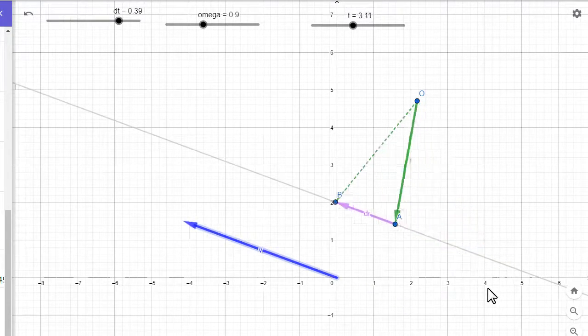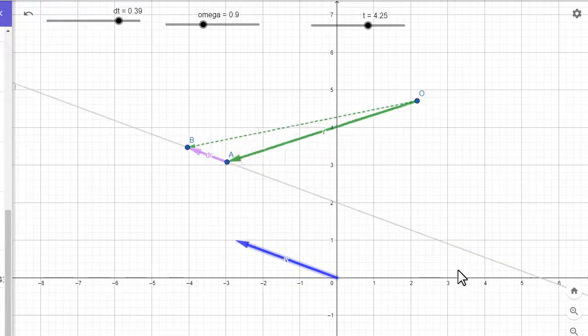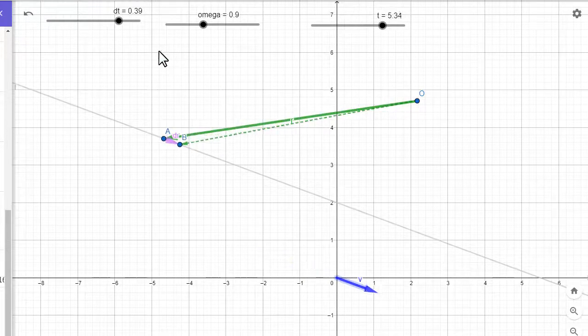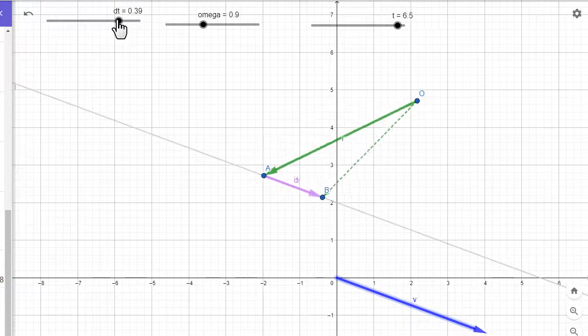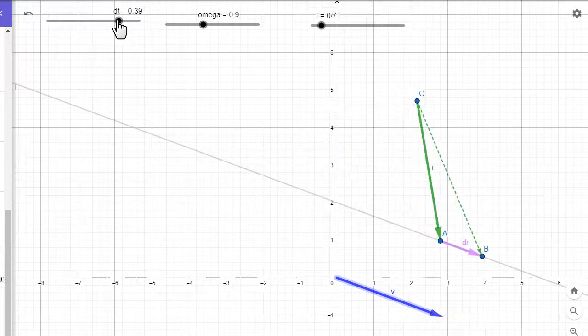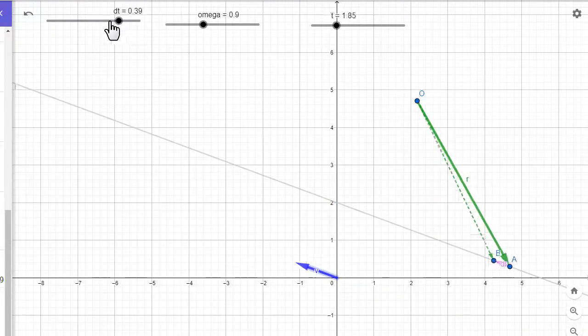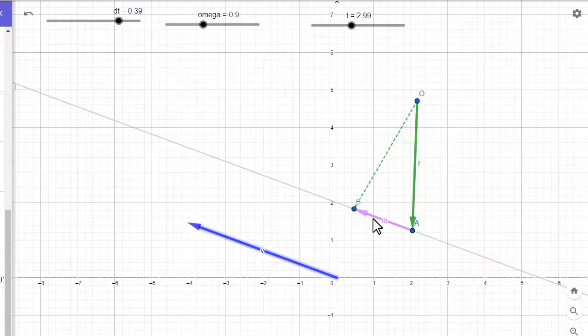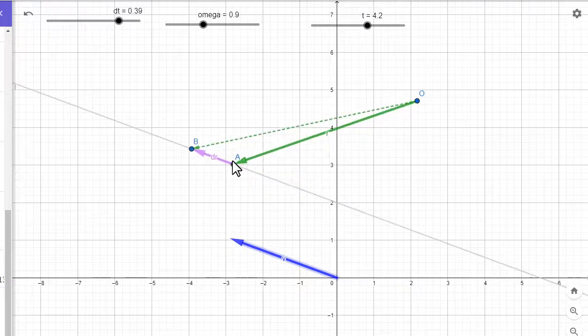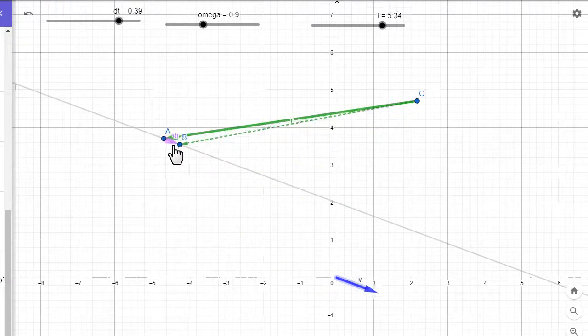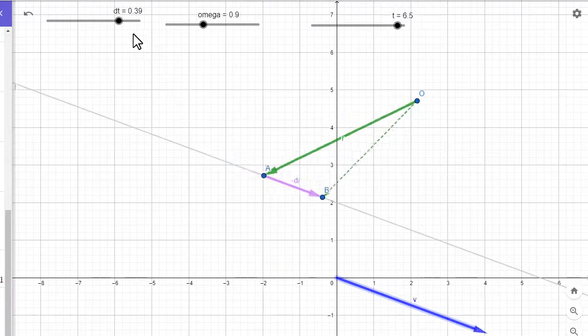Now there's one thing left to do to actually get the velocity. I have to take the limit. I have to take this delta t and let it go to 0. Remember what happens to that difference vector, the purple vector here? Point A and point B come together, so the difference goes to 0.